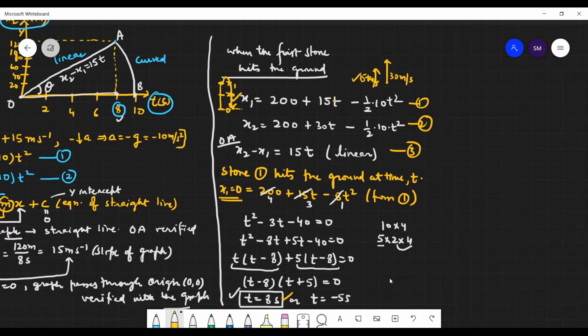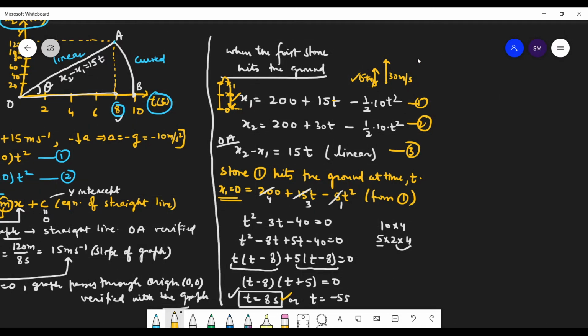See, x1 equals 0 means x2 minus x1, you need to rewrite.